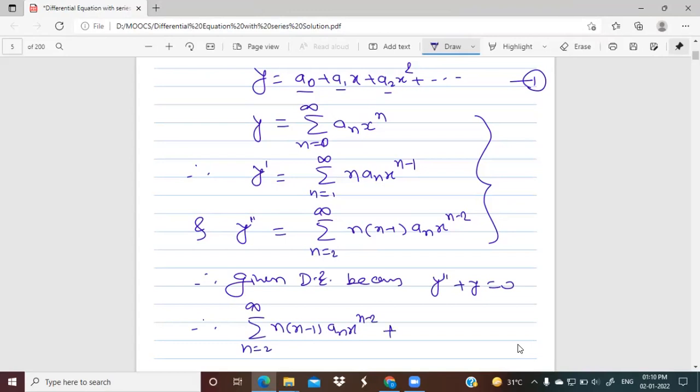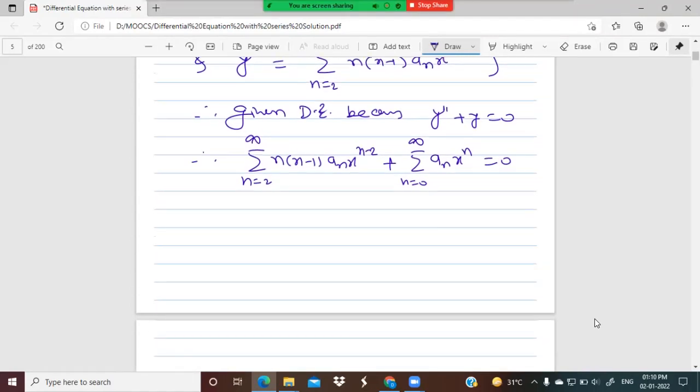What is y? This is the summation n equal to 0 to infinity of an into x power n. Using this equation, we'll try to find the unknowns a0, a1, a2, a3. These are the unknowns we'll try to find out.